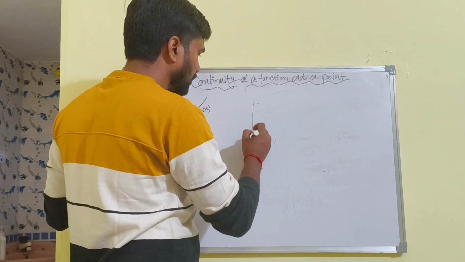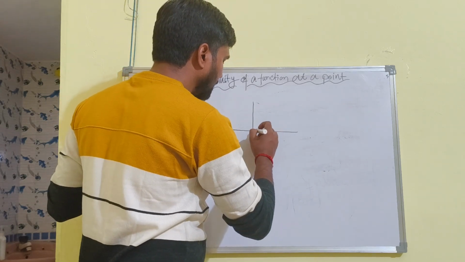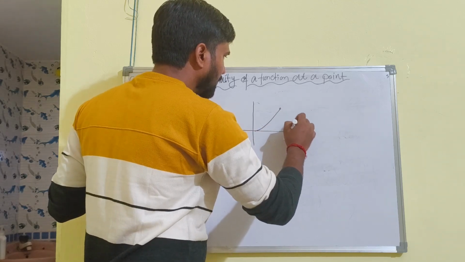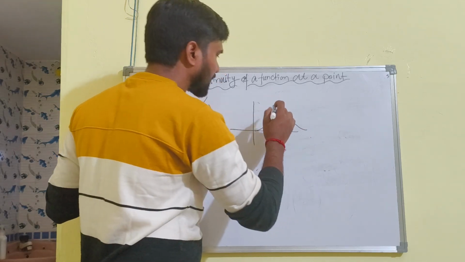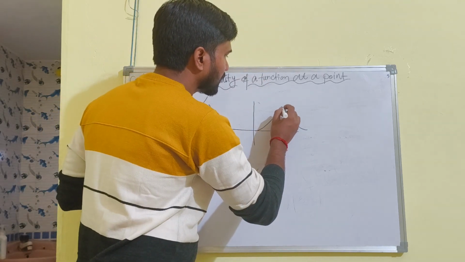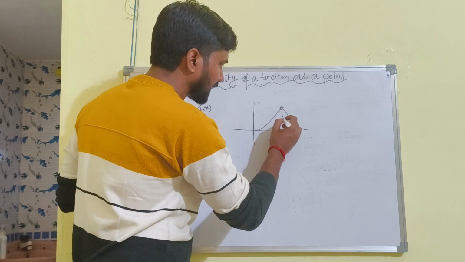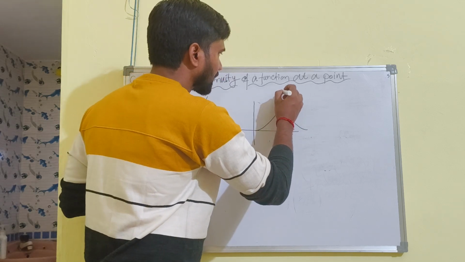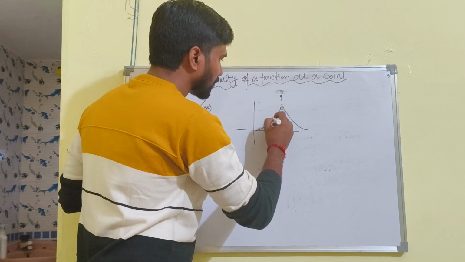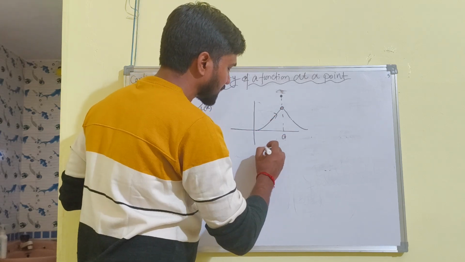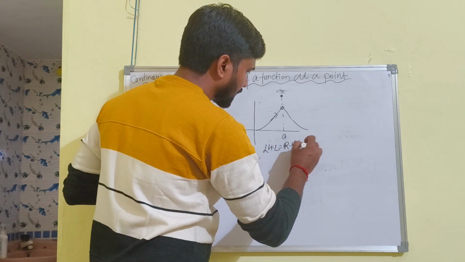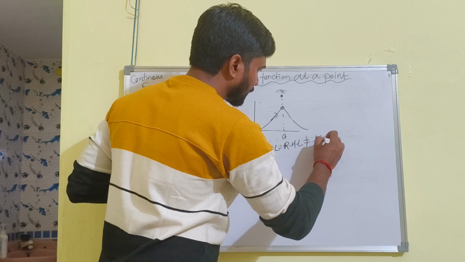Next, suppose you are moving from the left side and from the right side, and both limits are equal, but exactly at that point the function value lies elsewhere. So the left hand limit equals the right hand limit, but is not equal to the value of the function.